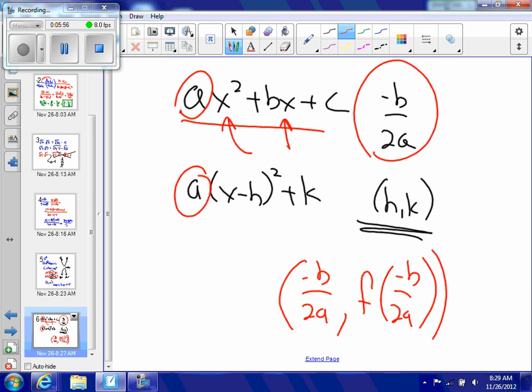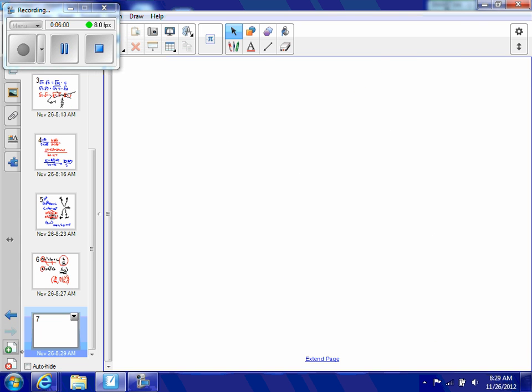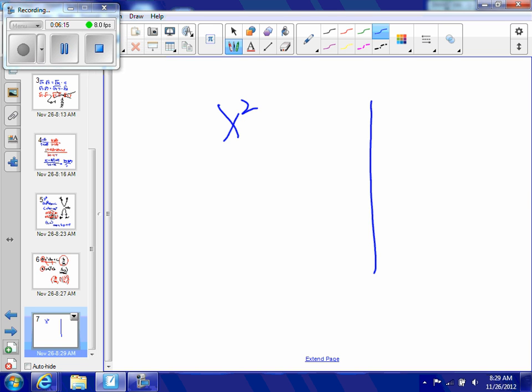The way that I remember that, the easiest, is I just go back to my parent function, the granddaddy of all quadratic equations: x squared. Everybody knows what x squared looks like. If I make a parabola, x squared looks like that. So x squared opens up. Is there a negative sign in front of x squared? Nope.